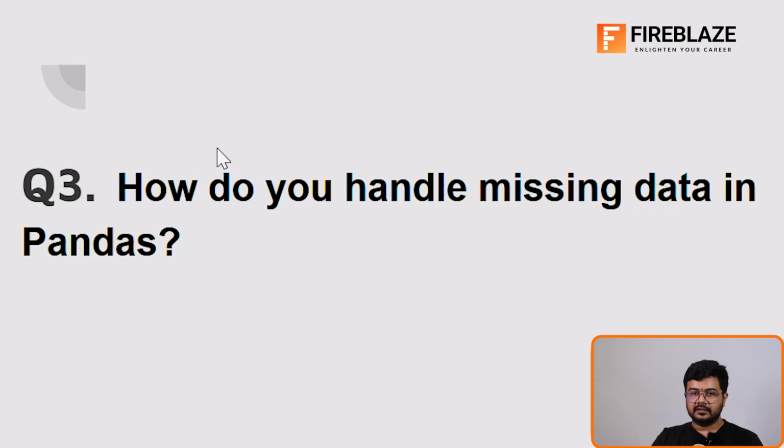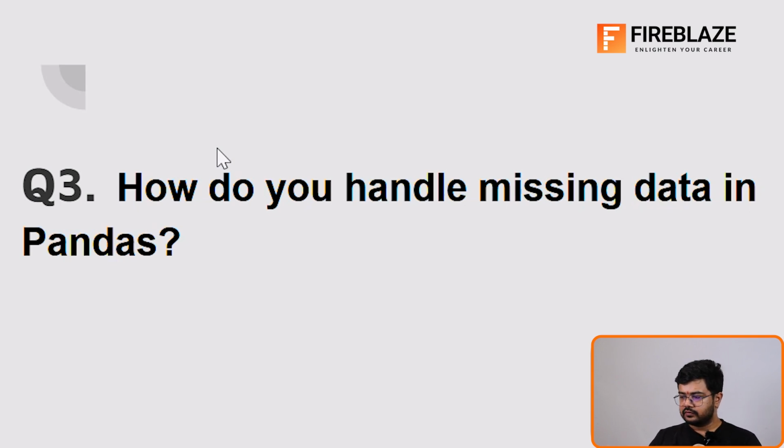The null values can be replaced with several values: either their statistical inferences, or default values, or they can be interpolated, or a machine learning model can be used to predict what the null values would be. Alright, so this is how we can handle missing data in Pandas, and this is how we can answer this question.